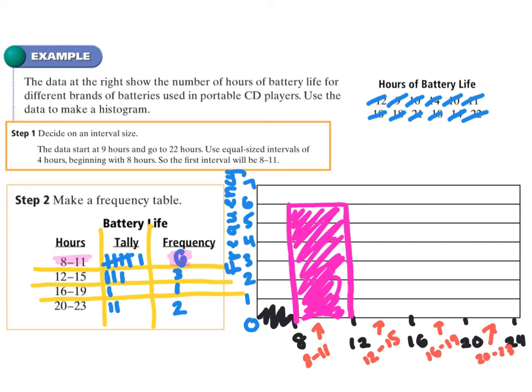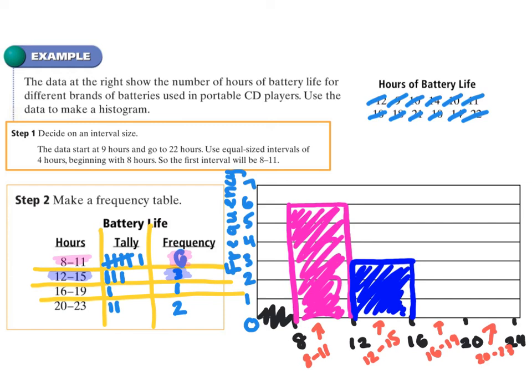Then for the next one, for the number of hours from 12 to 15, we have a frequency of 3. So from 12 to 15, with no spaces, it should go up to 3. You can shade in your graph.